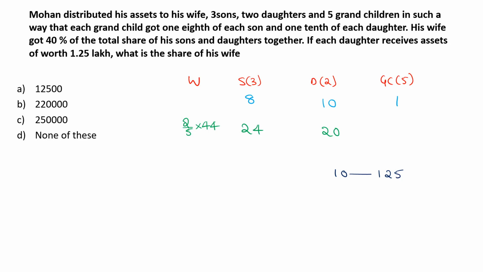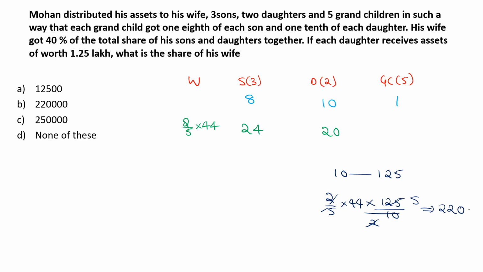Okay, 125,000. When the value of 10 is 125,000, the share of wife is 2/5 of 44. That is 2/5 of 44 into 125 divided by 10. Then the share of wife would be 5 times 44. That is 220.